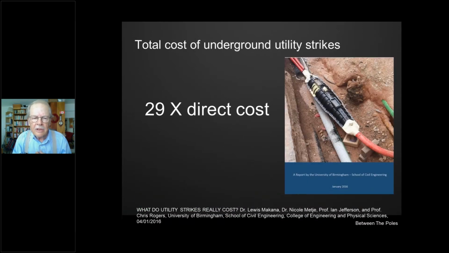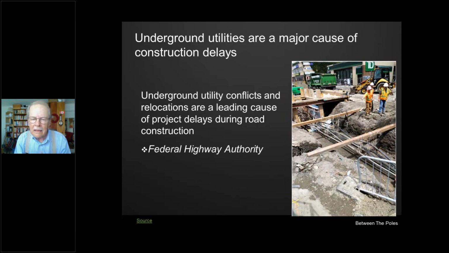Other research at the University of Birmingham has estimated that the indirect costs, which would include social costs, traffic disruption, loss of custom, things like that, are on the order of 29 times the direct cost. And I've used that to try to estimate what the total cost to the economy is.